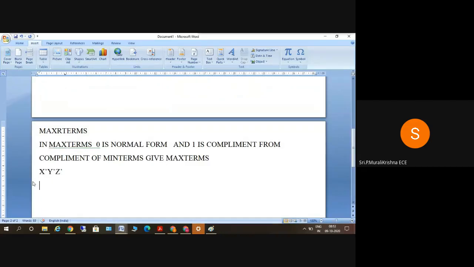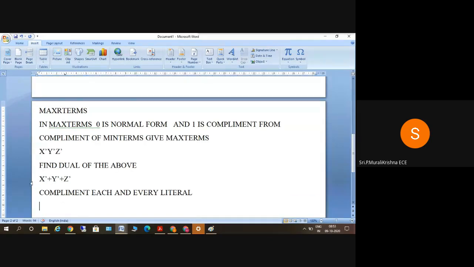So the complementing is nothing but, first find the dual of the above. Okay, so the dual is nothing but x bar plus y bar plus z bar. Okay, and afterwards complement each and every literal.